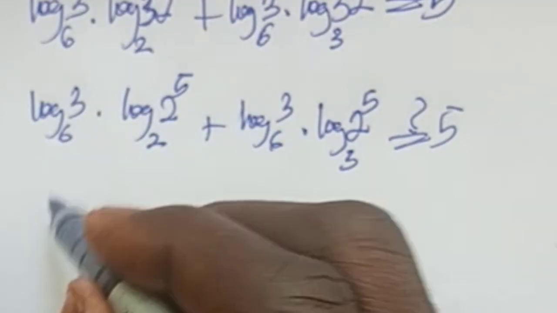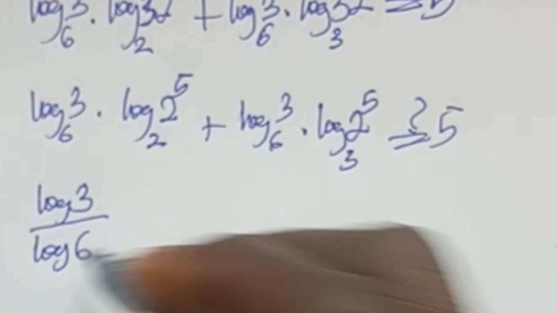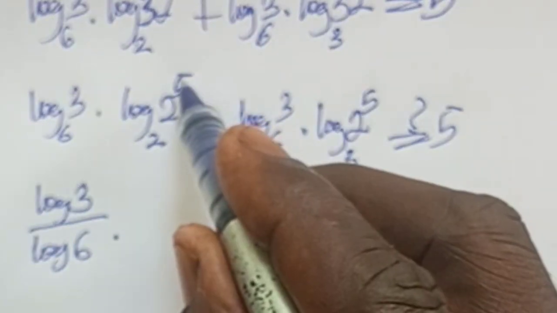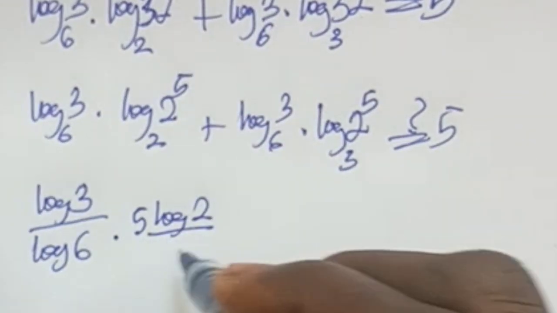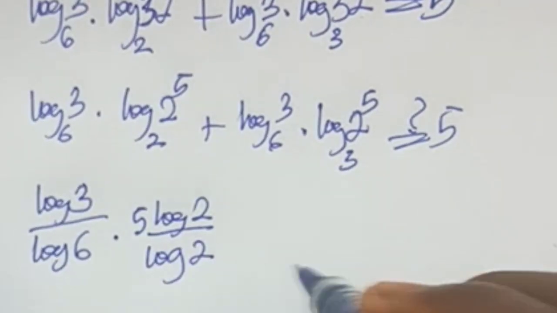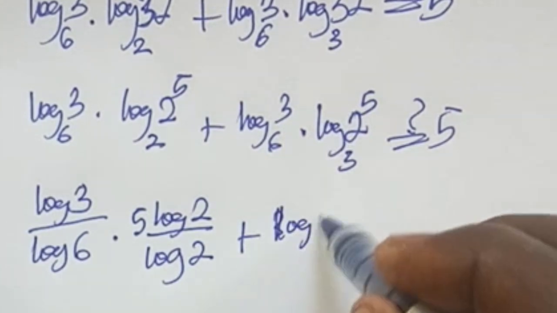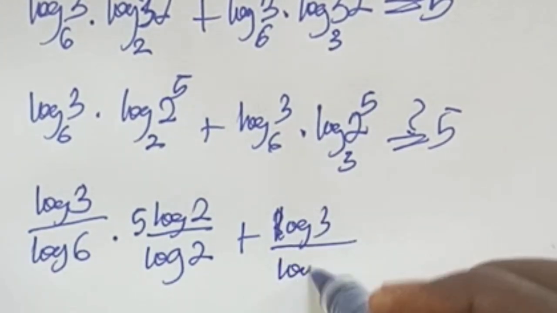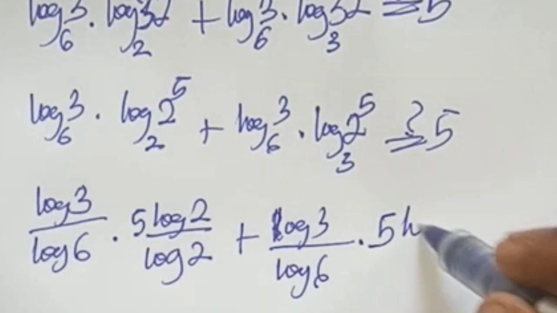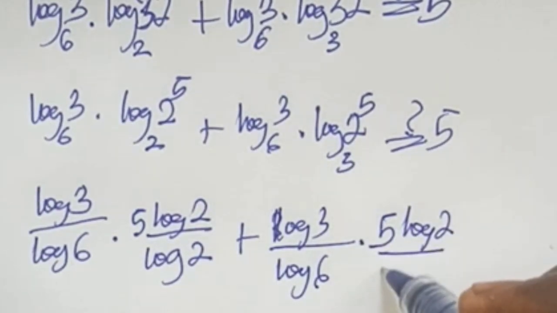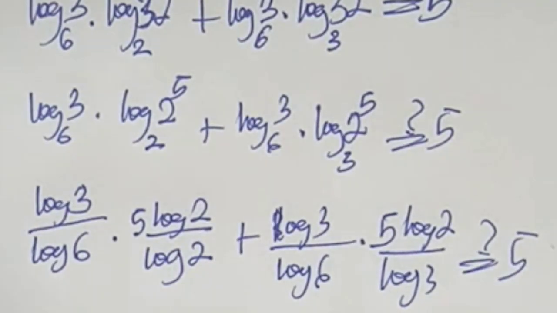And we can write this as log 3 over log 6 times, the power will come down, 5 log 2 over log 2, plus log 3 over log 6 times 5 log 2 all over log 3. Can this give us 5?